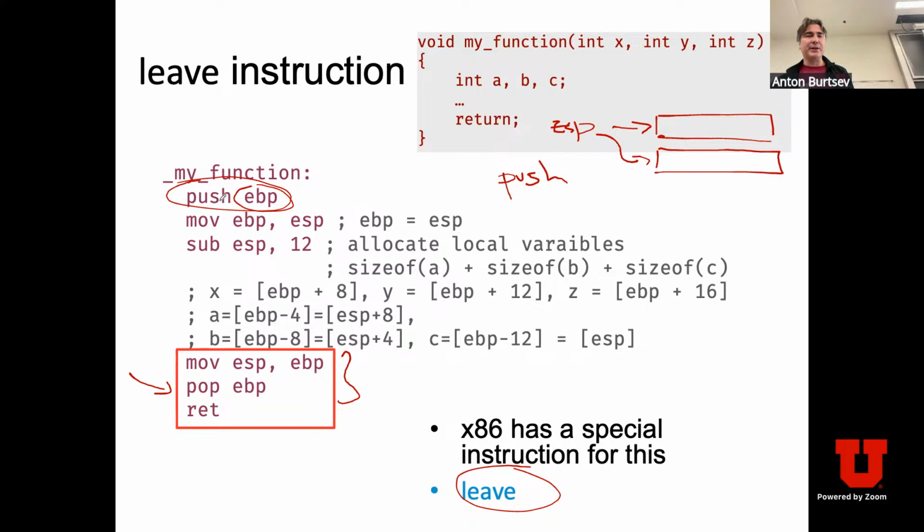It saves the value which was inside EBP, let's say 55, saves this 55 here, and ESP now is decremented by 4, so points to this line. And pop is the reverse. So it essentially takes whatever the value was here on the stack. So if you pop into any register, it will take this value, put it in the register, and will increment ESP by the size of this.